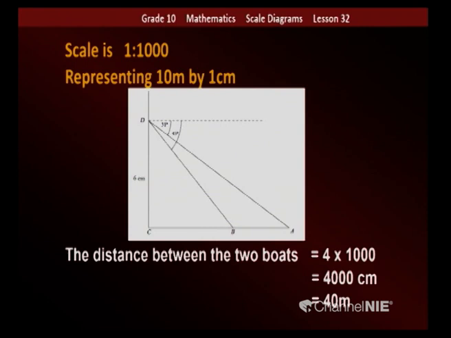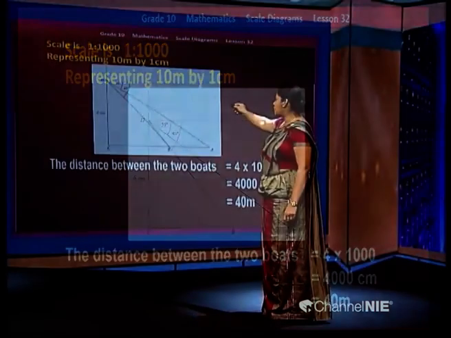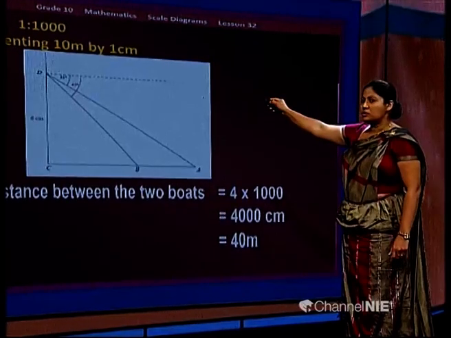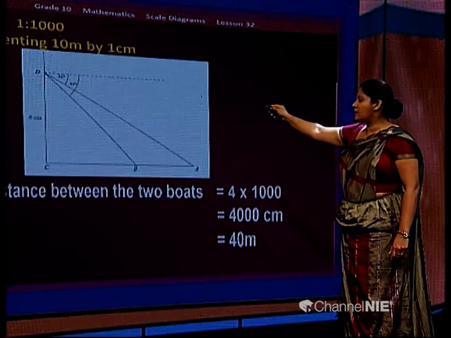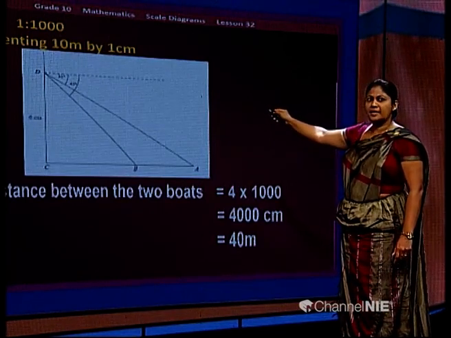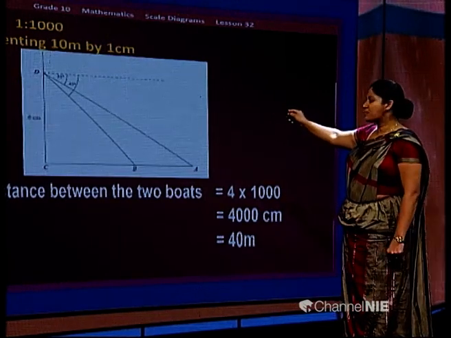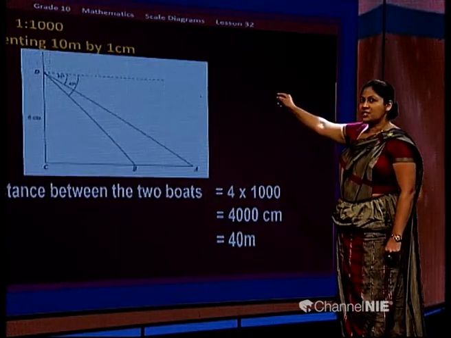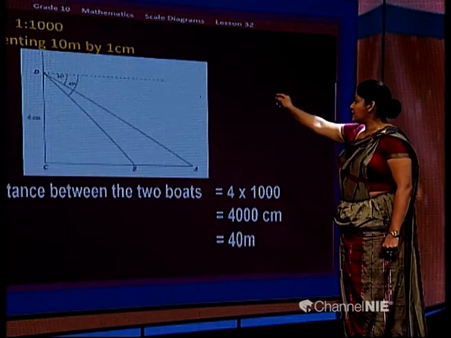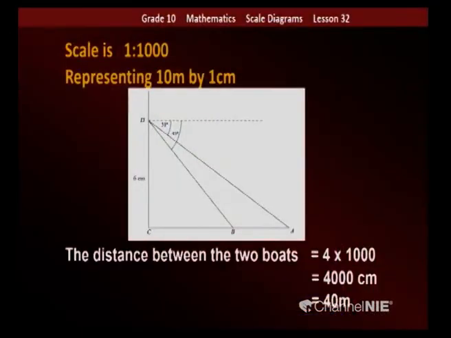The one is 31 degrees, that is the angle of depression of A. When you are observing the boat A, the angle is 31 degrees. Using the protractor, I have to measure 31 degrees there. And then I have to observe point B. There, I have to measure the 45 degrees angle. Then I have to join DB.